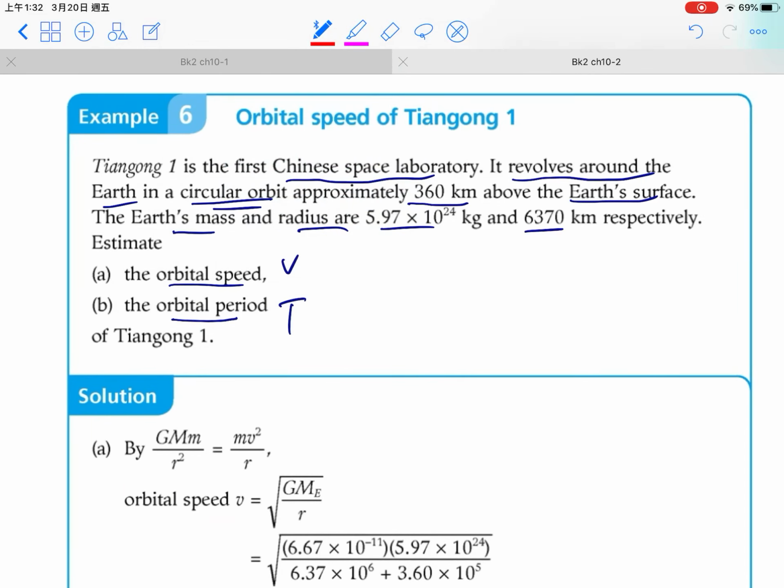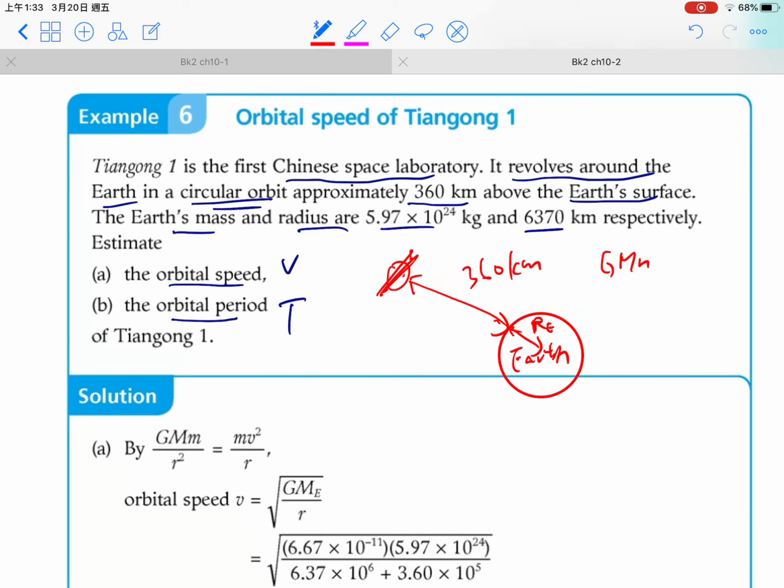Actually, you must have the picture. We have the Earth here, and we have the station here, 360 km above the surface of the Earth, and also we have the radius r here. Sorry, we use R_E.